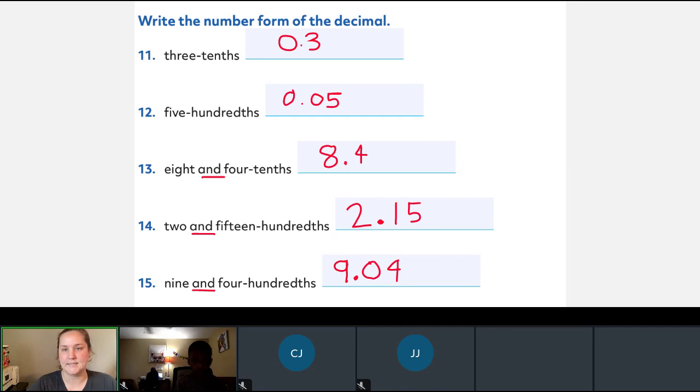Give you about 30 seconds to get those, and then we're going to move on to the last group of questions. That is 16 through 20.